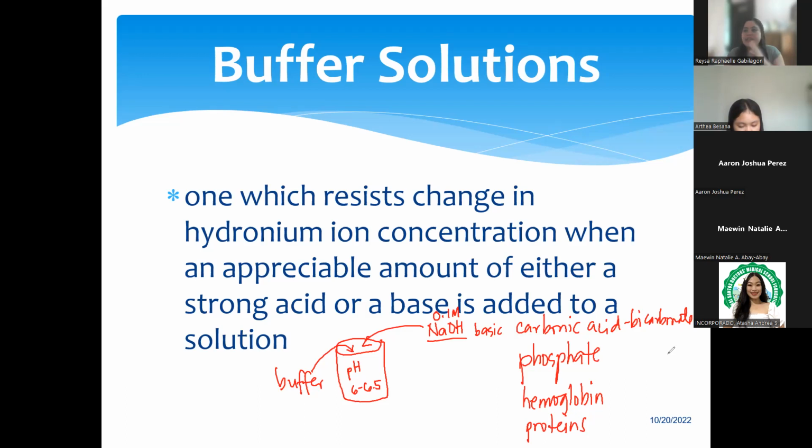Okay? Now, in our pharmaceutical world, let's get away from the body. Pharmaceutical world, let's talk about drugs. Yung mga drugs din natin, class, most of them contains buffer. Kasi whatever happens to them in the environment, if they are already out in the market, tapos may mga like contamination or changes in the temperature in the environment, pwede kasing ma-change yung pH niyan, either tataas or magdadrop yung pH.